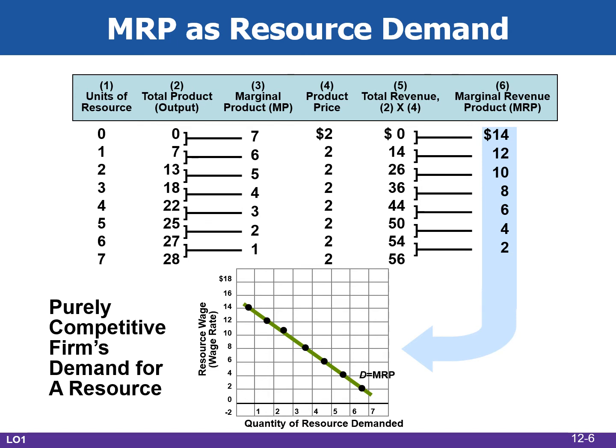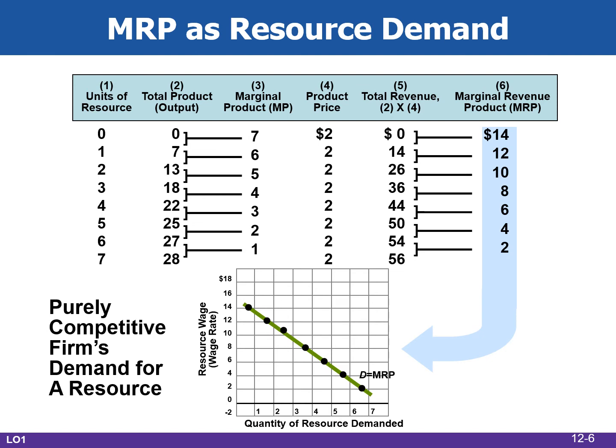So this firm hires one worker, they produce 7 units of output. With 7 units sold at $2, total revenue is $14 for the firm. If this firm hires 3 workers, they will produce 18 units of output, and therefore 18 times 2, total revenue would be $36. So column 2 multiplied by column 4 represents the firm's total revenue.